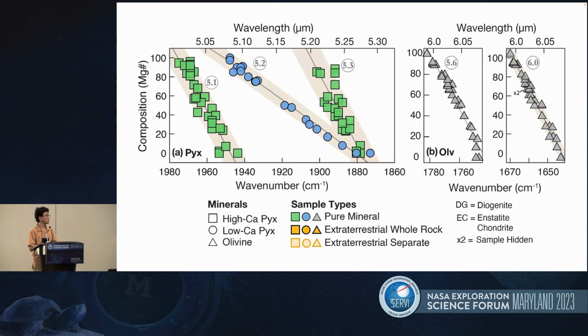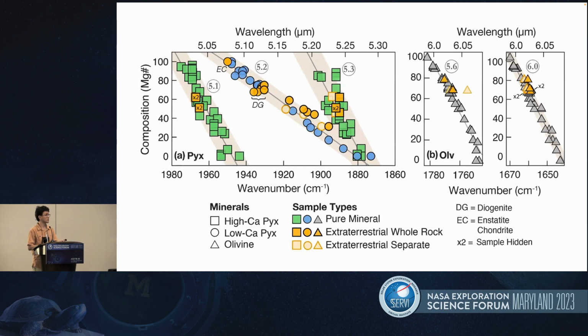Now let's superimpose the sample compilation that we just looked at. These new samples are in orange. The dark orange are whole rock particulate samples, and the light orange indicate the mineral separates.